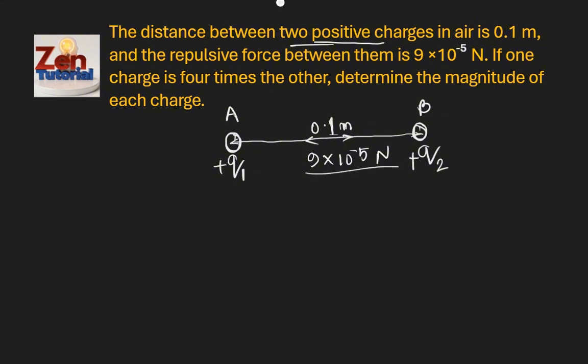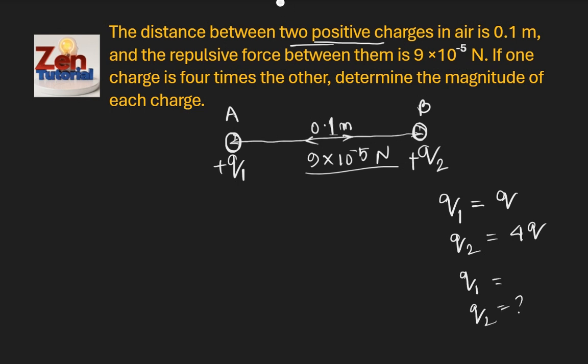If one charge is 4 times the other, the information is Q1 equals Q and Q2 equals, let's say, 4 times Q. So determine the magnitude of this charge. We have to determine the value of Q1 and Q2, right?